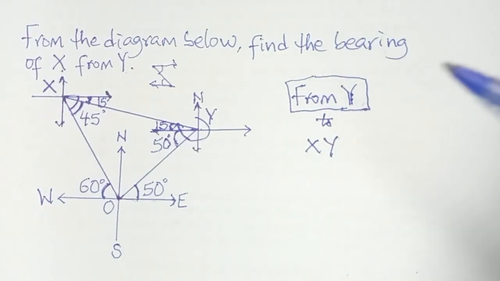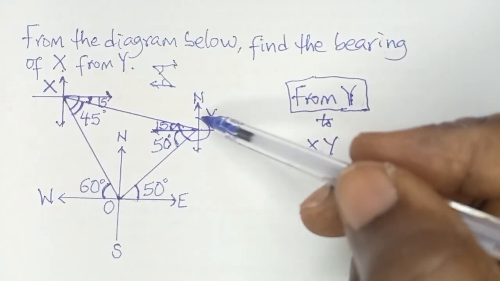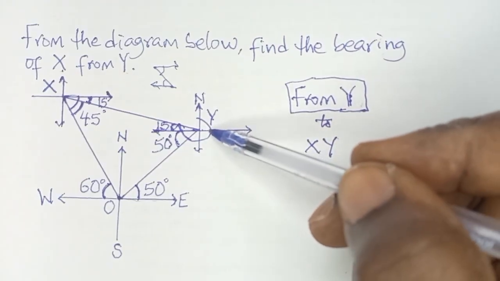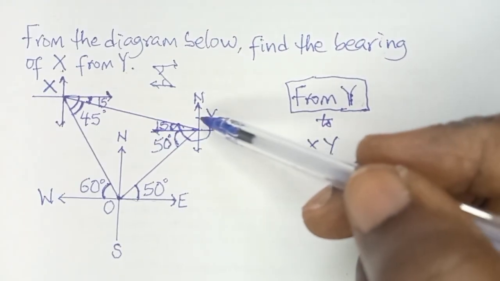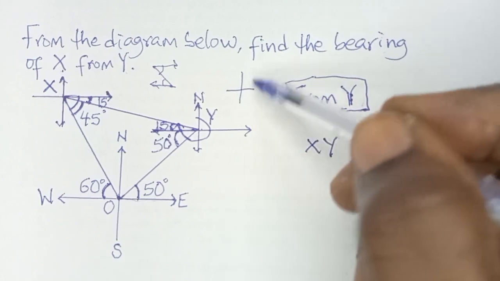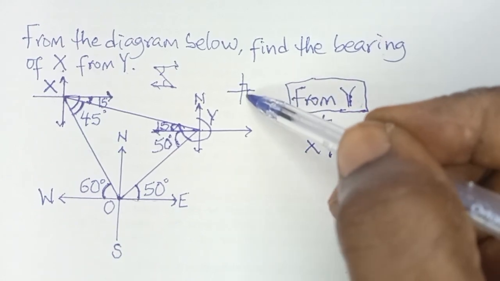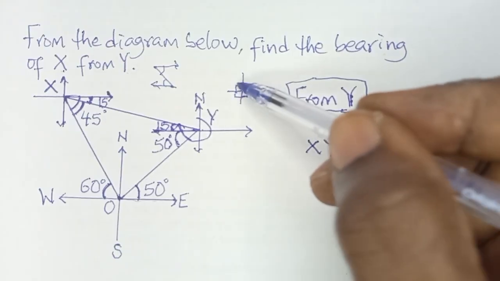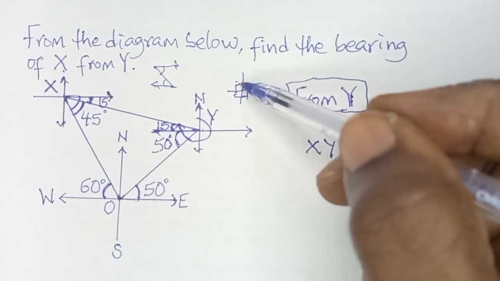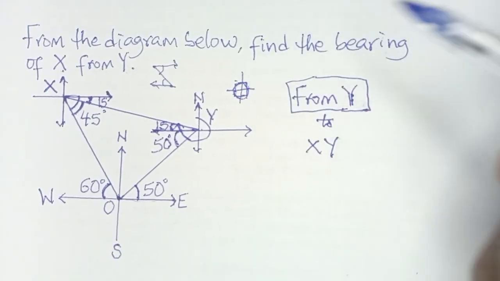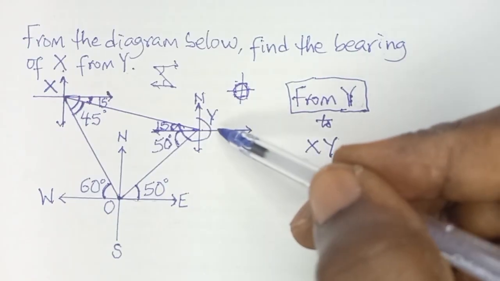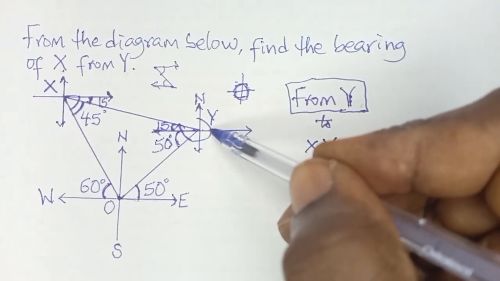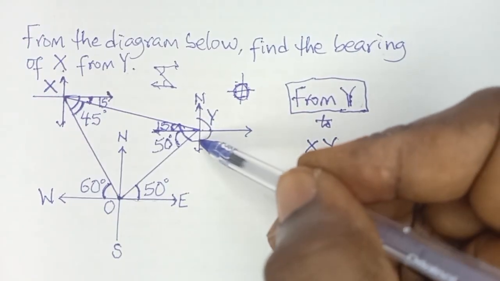Now, for us to measure that, you agree with me that each quadrant is 90 degrees. This angle is 90, this angle is 90, this angle is 90. Each of the quadrants is 90 degrees to make it a total of 360. So from here to this point is 90 degrees. From here to this point is another 90. That makes a total of 180.